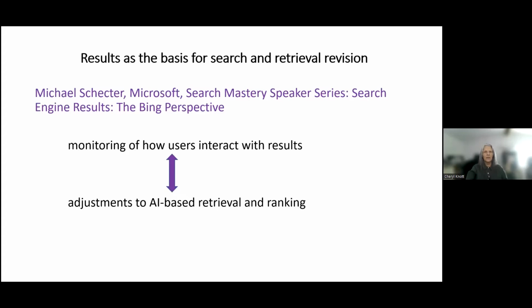And I think one of the things that students in particular need to understand is this constant monitoring of how users interact with results and the constant adjustments that are being made to retrieval and ranking.